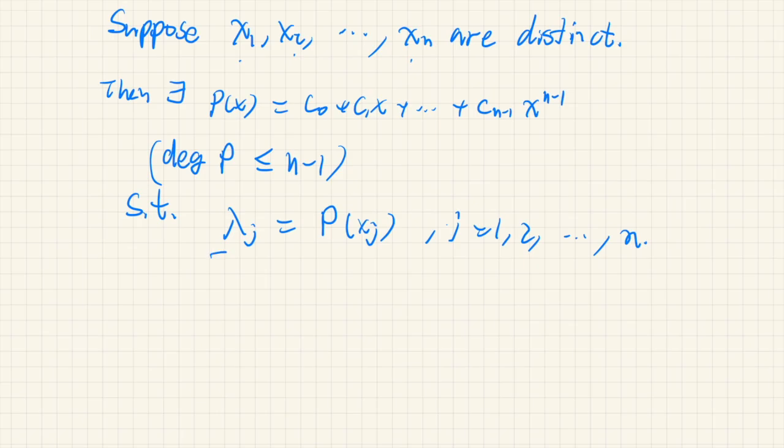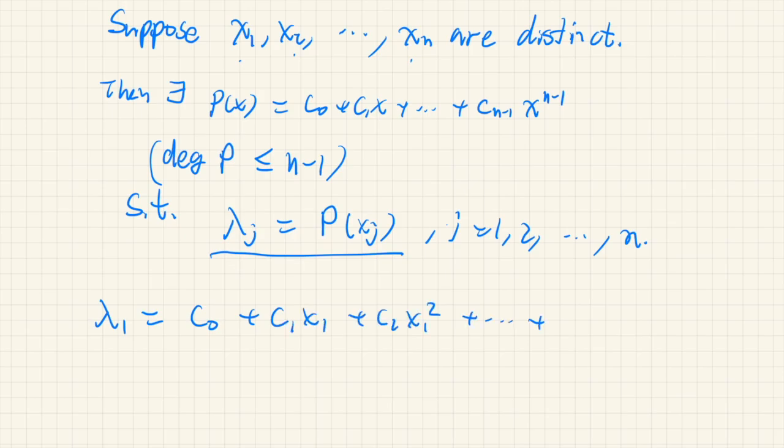So if we write this down explicitly, we have the following simultaneous equations. So lambda 1 is equal to c0 plus c1 x1, plus c2 x1 squared, and so on, plus c_{n-1} x1 to the power of n minus 1.